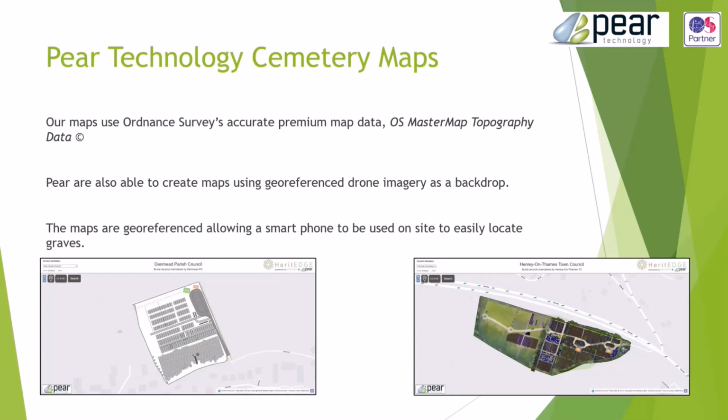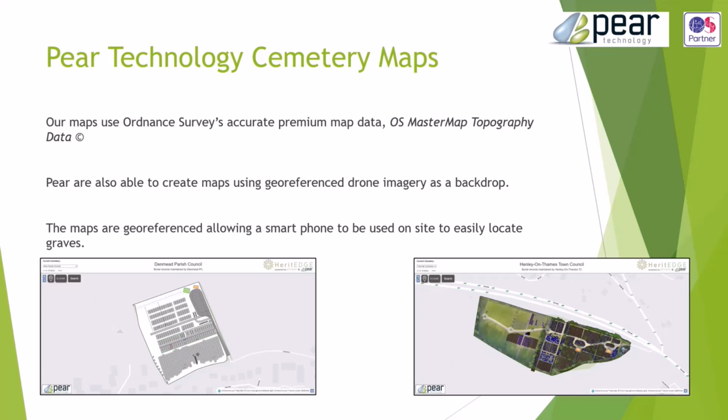So the maps we produce, they're all aligned with the Ordnance Survey MasterMap data, the MasterMap topography layer, very detailed, accurate data, the type of data Jonathan was mentioning before. It's free for councils to use, and private operators would just pay a small fee just to cover the area of interest around their cemetery.